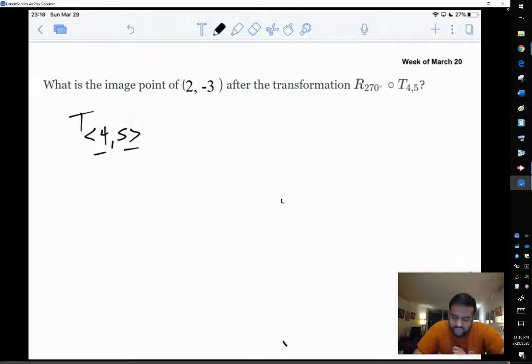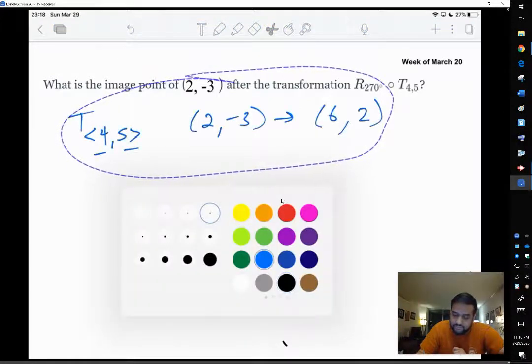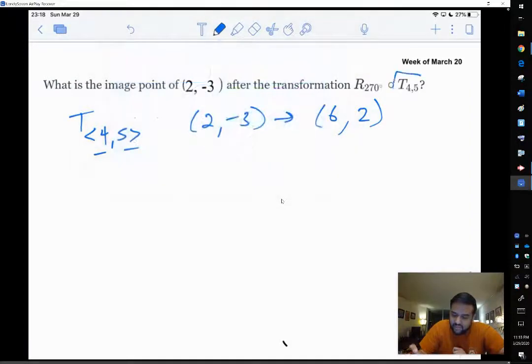So if I do that to my given point, 2, -3 would become add 4 and add 5. So after the first step here, let me try to color code this a bit. After the blue operation, we end up with a value of 6, 2.